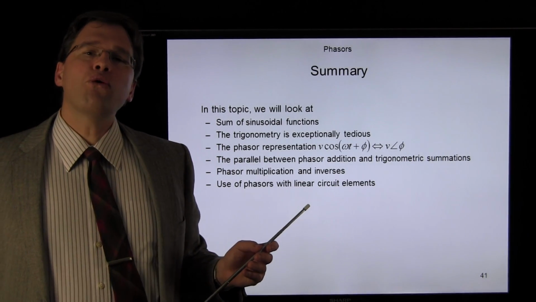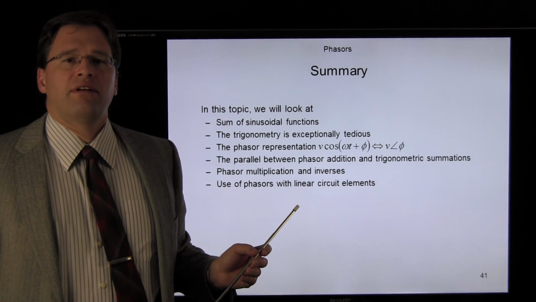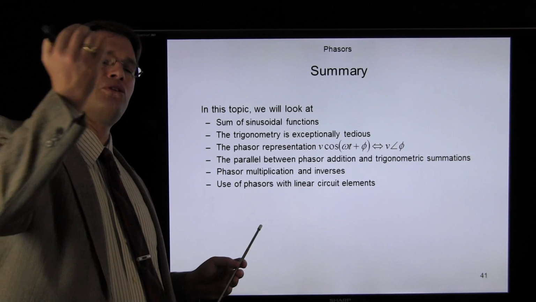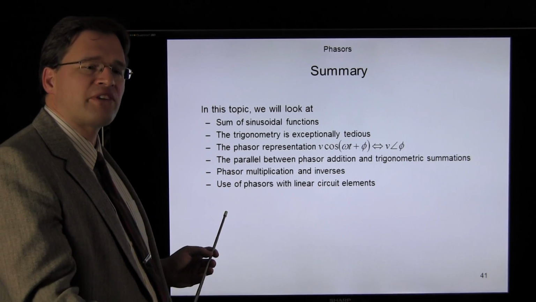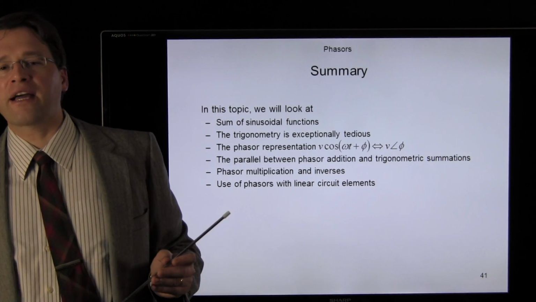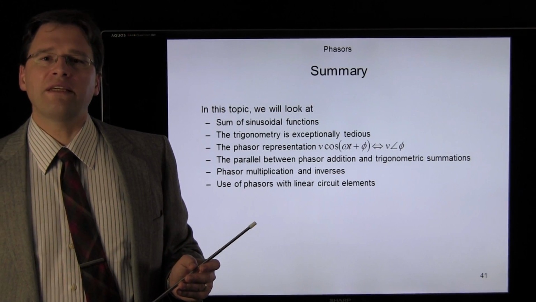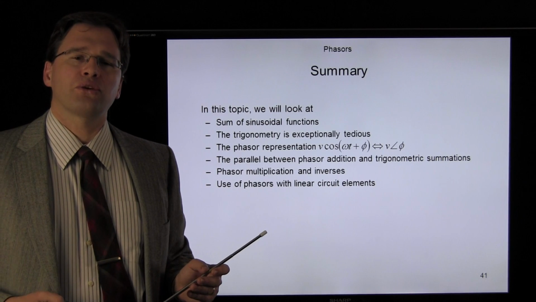Therefore, we can transform a sum of trigonometric functions into a problem of summing complex numbers. Once we've summed those complex numbers, we can transform back to a unique sinusoid.